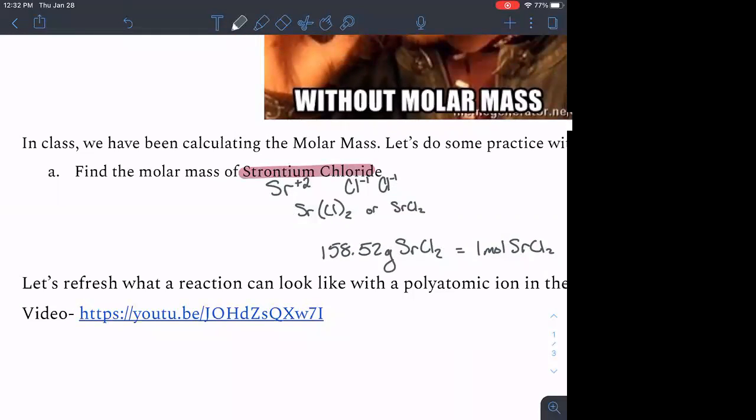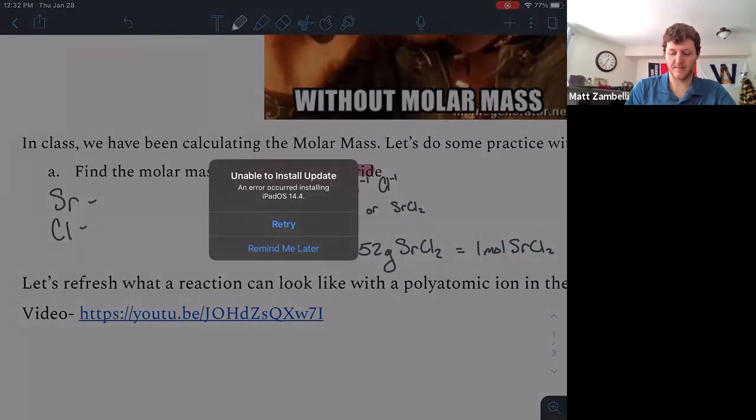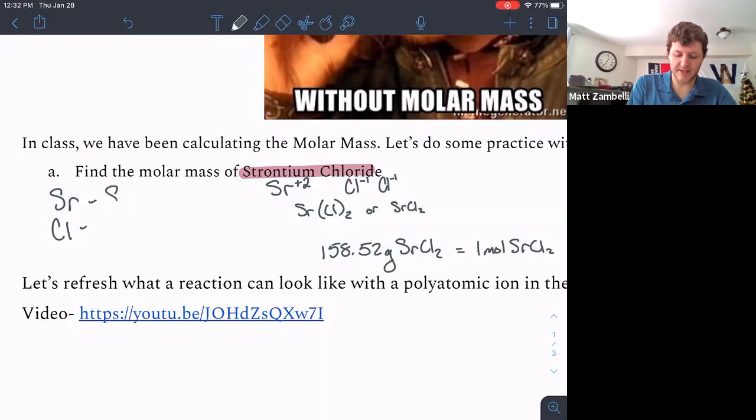So we find the atomic mass of each element. All right, so we found the atomic mass of each element. Strontium's was what value? $87.62, perfect.